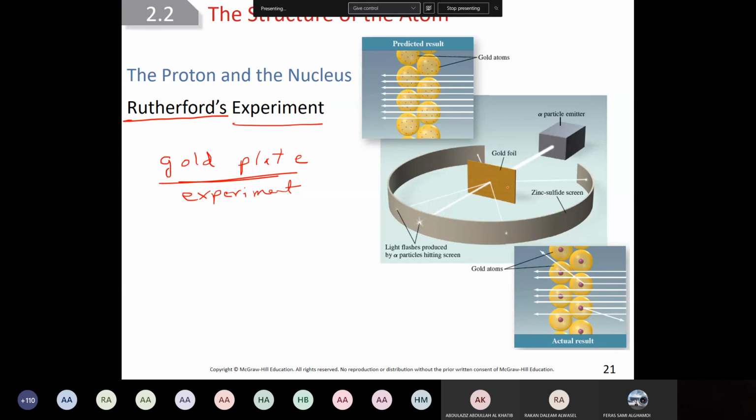Okay, in the gold plate experiment, he was expecting that the alpha ray would go through, but he found that it was deflected like this, and he said that the atom consists of a nucleus in the middle, and the electron is available in a circle around it like this, and all the mass of the atom is available in the nucleus, and the rest is empty.